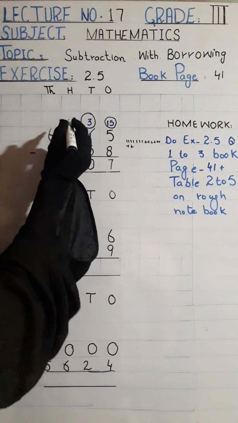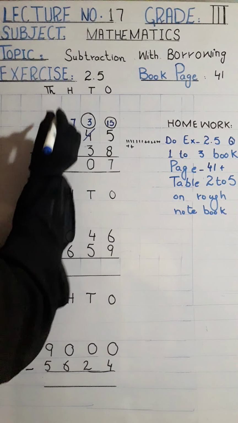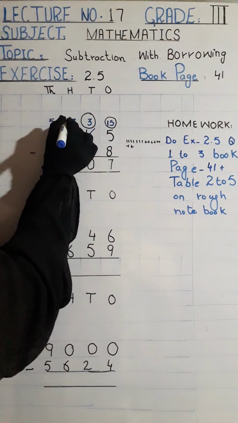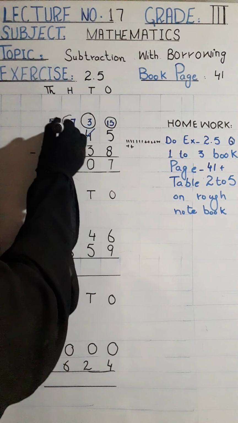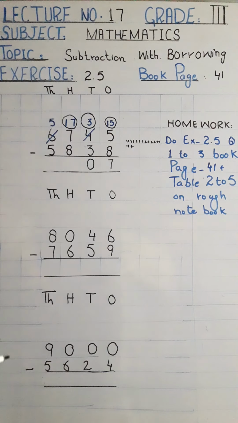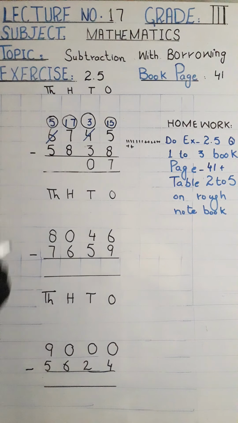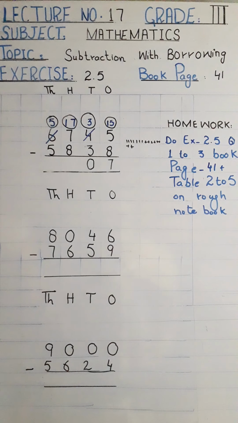So we borrow 1. Here is 7, and if we borrow 1000, 5 remains. And here it becomes 1700. Here 5 is left, because we removed 1 from 6 and 1 is borrowed here. Now you can easily subtract 8 from 17.